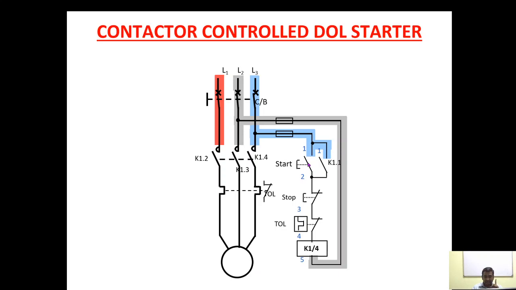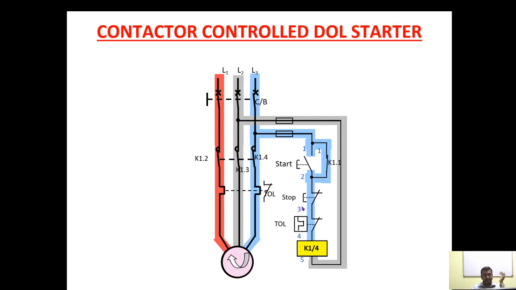When I push the start push button, supply is available now to the contactor. The contactor gets energized, closes these contacts 1, 2, 3, and then supply is made available to the stator terminals of the induction motor, hence it starts. After some time, the start push button opens automatically, since it's a normally open switch.